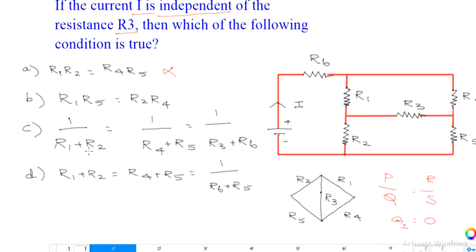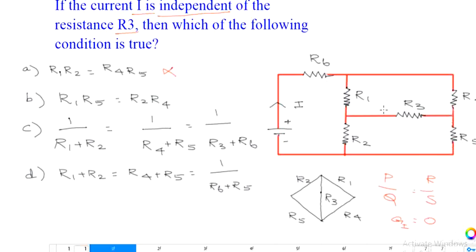And here they have given some complicated equations. Usually they will not give such complicated equations. See here, this is 1 by R1 plus R2, but both are in series, therefore we cannot connect like this. And they have also given this one, where both are in parallel.